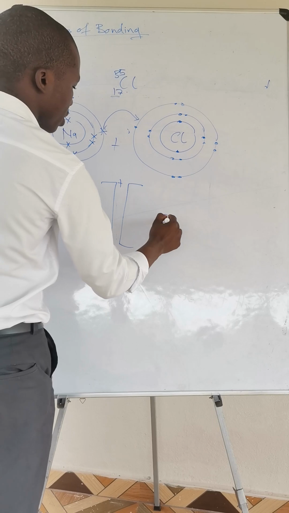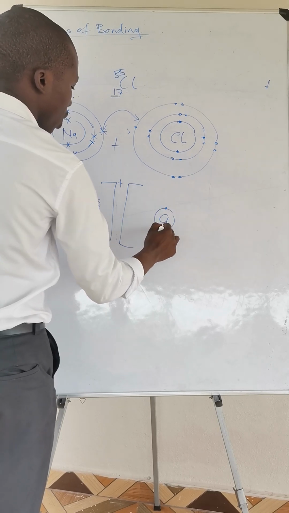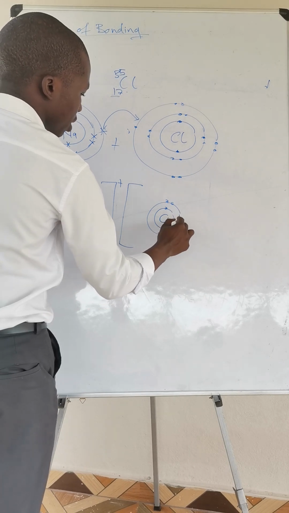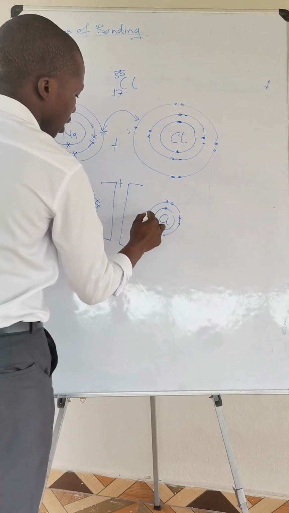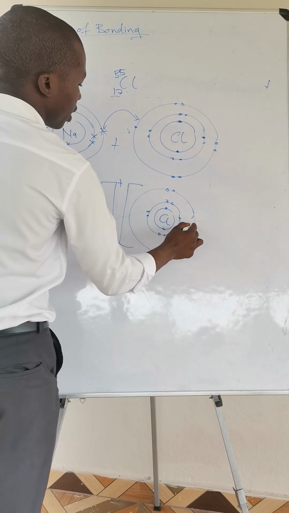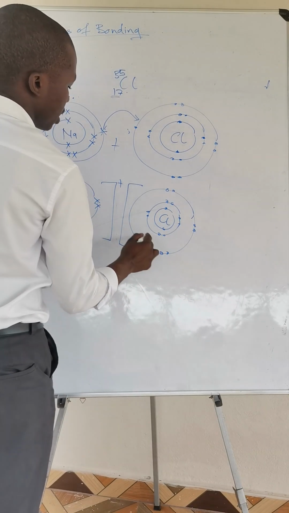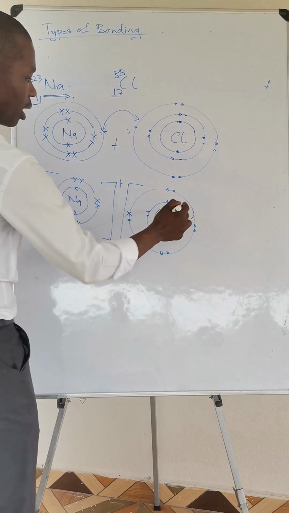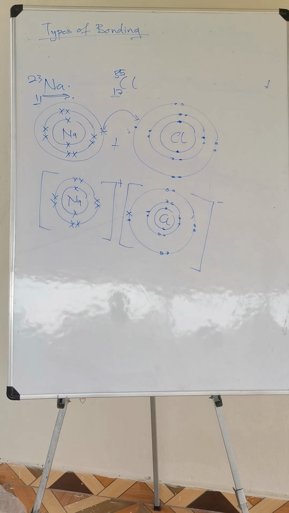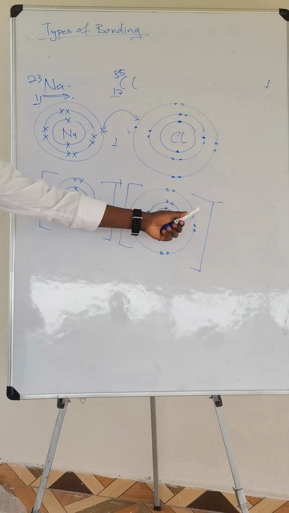Chlorine becomes Cl-, with 2, 8, 8. The square bracket means that the charge is spread over the whole ion.